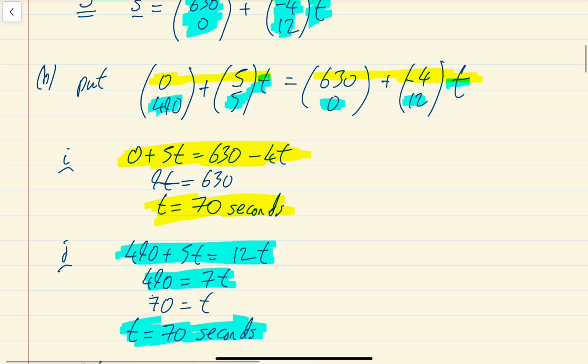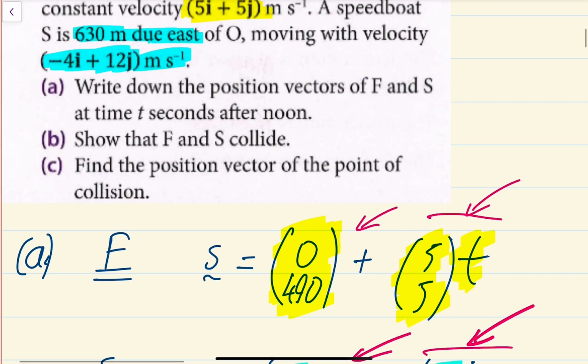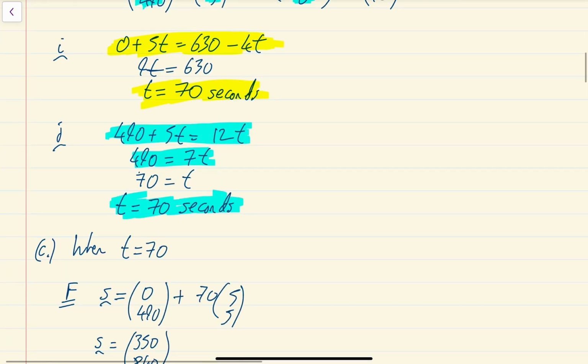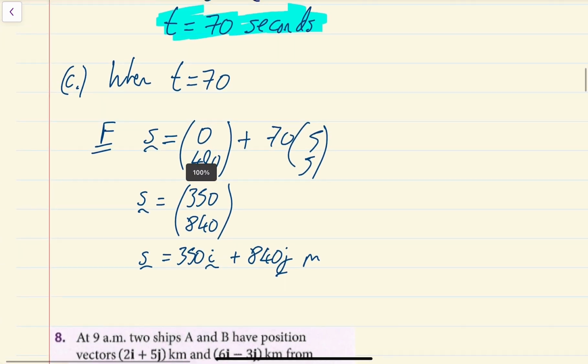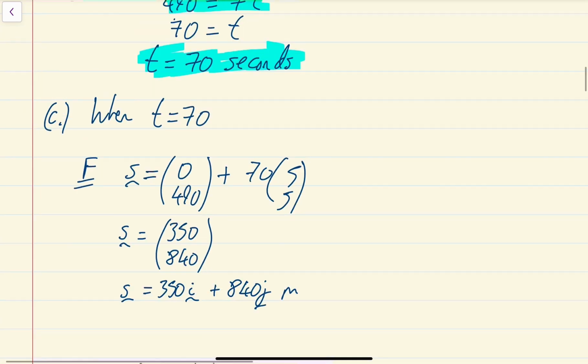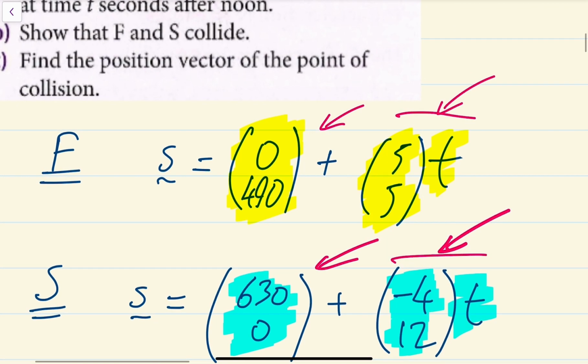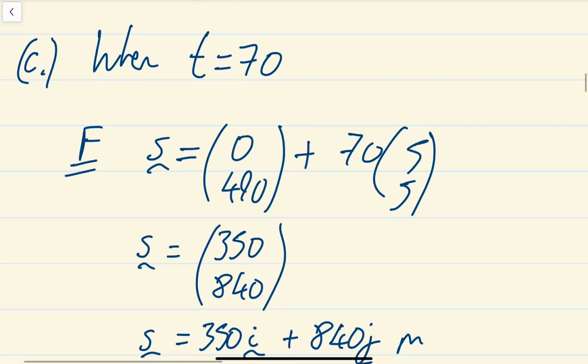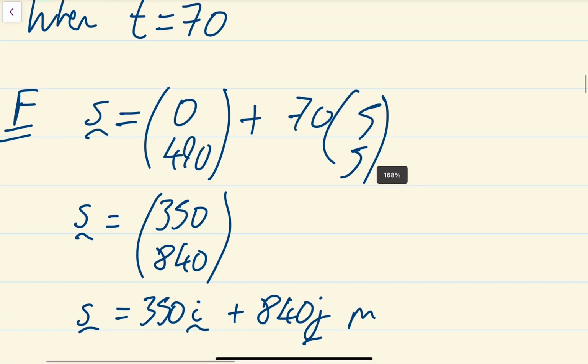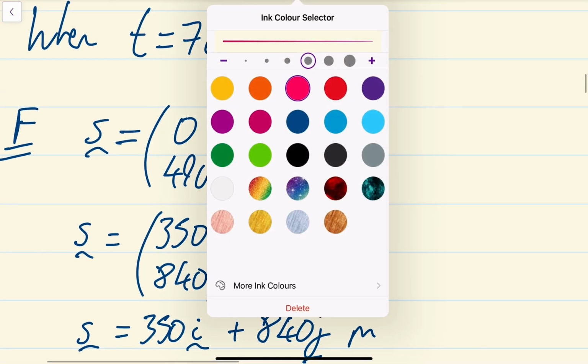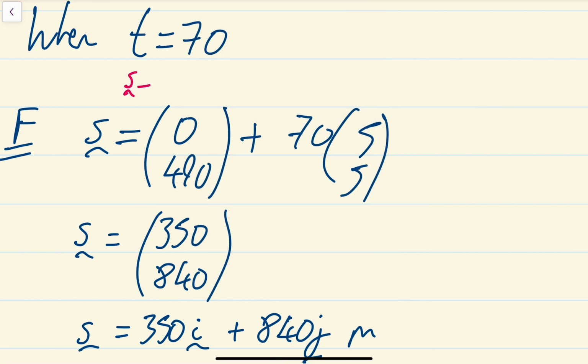Right, the last part of the question says, find the position vector of the point of collision. So remember they collided when t was equal to 70. So I've just gone back to my original equation here for F. You could use either one and it will still work. Let me just write that out again for F. It was 0i plus 490j plus t times 5i plus 5j, and I'll put the 70 in for t.